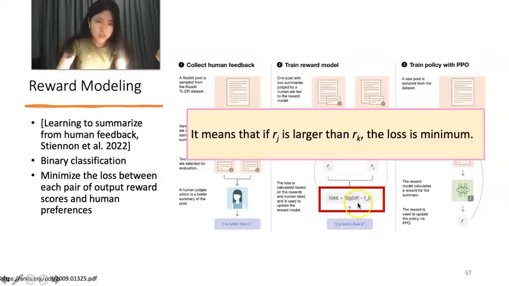When RJ is very large and RK is small, then you will get a very low value for the minus log sigmoid as your loss function. So when you train your reward model, you minimize your loss, and this will give you the targeted behavior of the model.